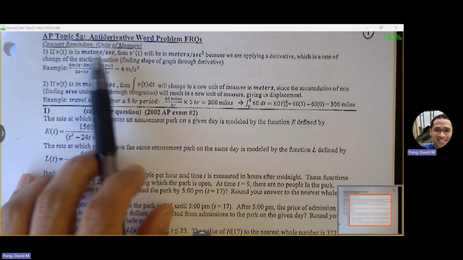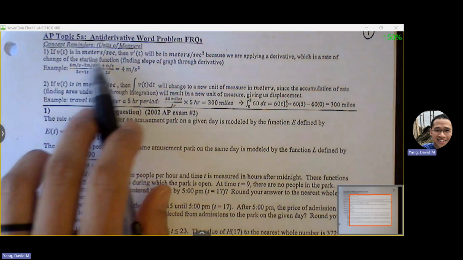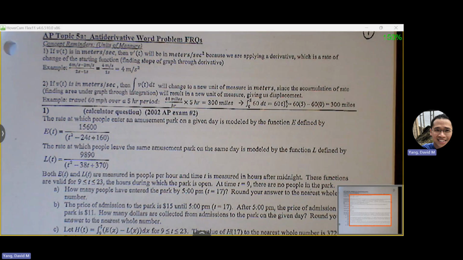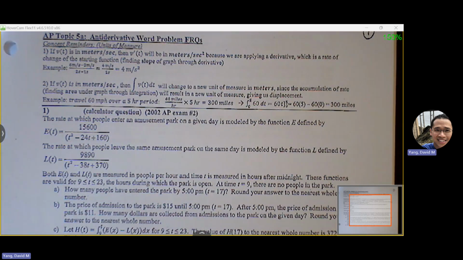Okay, I just wanted to give some reminders of units of measure. If we take a derivative, we know we are turning that into a rate, right? So if velocity is meters per second, then acceleration will be meters per second squared, because we're introducing another rate into the problem.